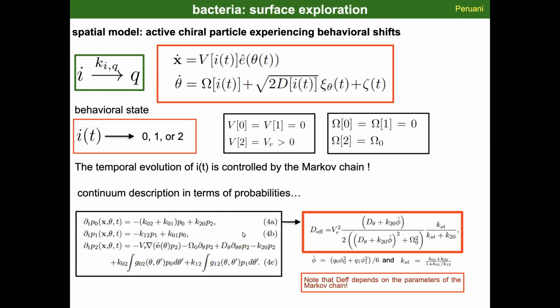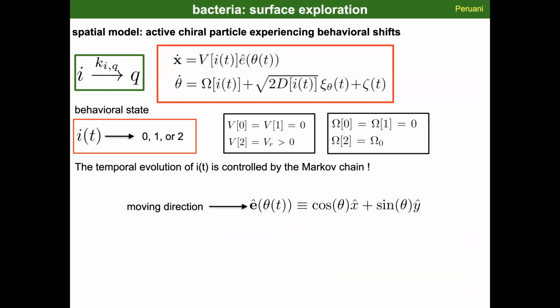This gives a long expression, but basically you can derive that. The only thing that one needs to remember is that once you have all that, you can derive the effective diffusion coefficient of these bacteria, which is going to depend on the parameters of the Markov chain, basically on these transitions that we defined in the previous slide.